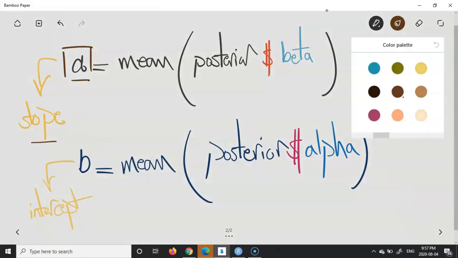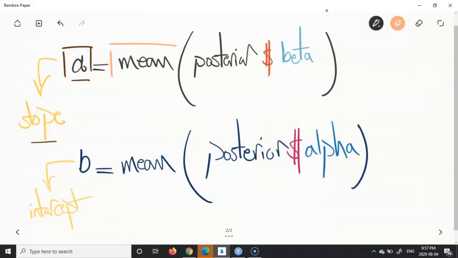That's what I want to emphasize here, that the mean is going to be crucial. In the next tutorials, I hope you understand why we take the mean from the extract that we had from the posteriors with respect to the parameters. For the intercept, it is the same thing: we take the mean of the posteriors extracted from the variable which describes the intercept in the model.